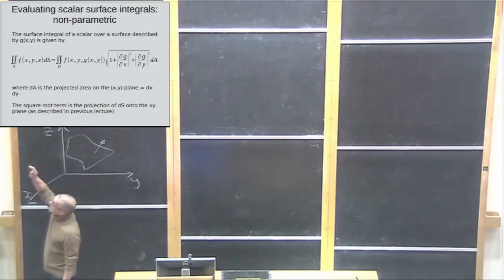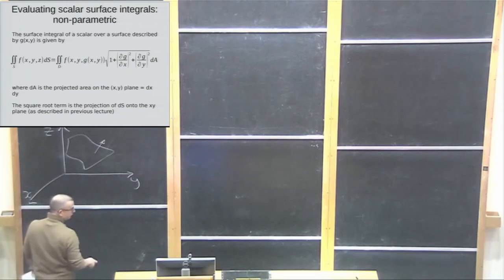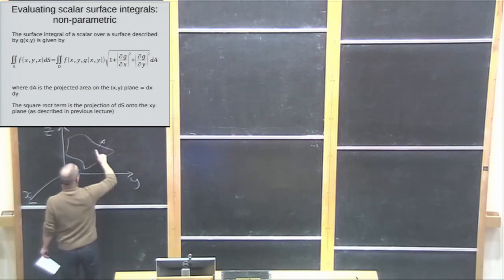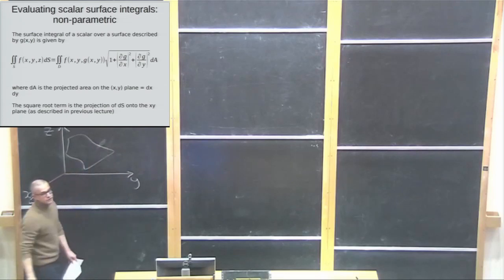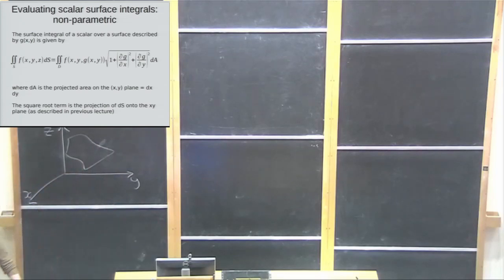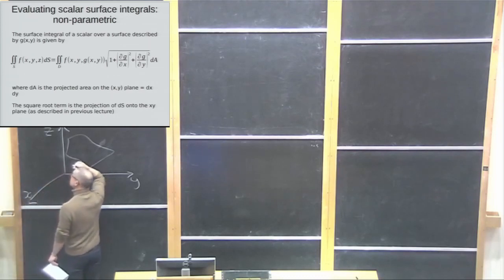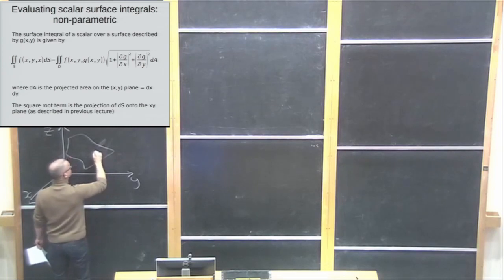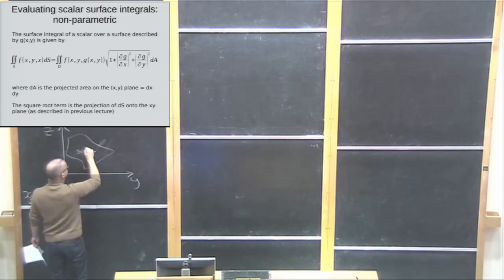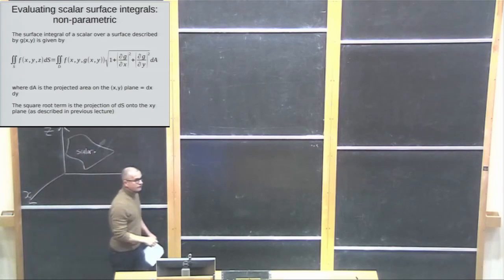For scalar surface integrals, it's a little bit easier. Instead of having some vector field, which you need to dot product with the normal of the surface to work out a scalar, in a scalar surface integral you already have the value of the integral. You have a scalar at every point on your surface.